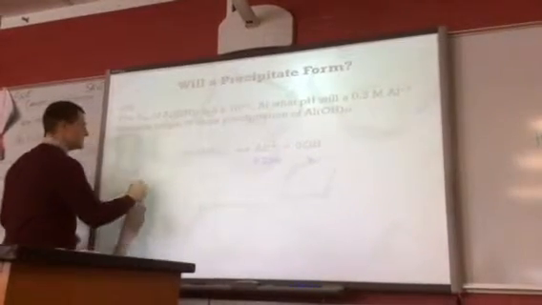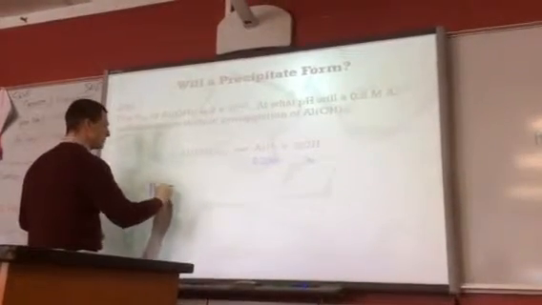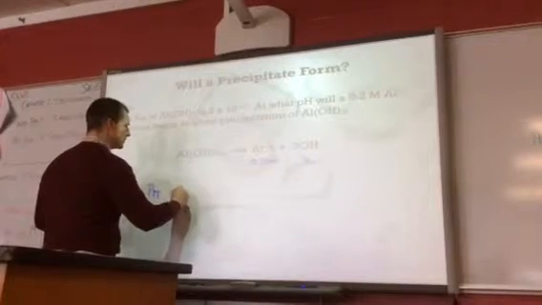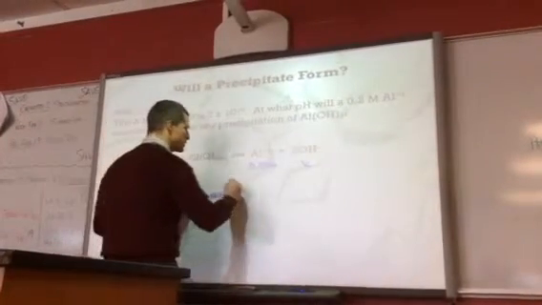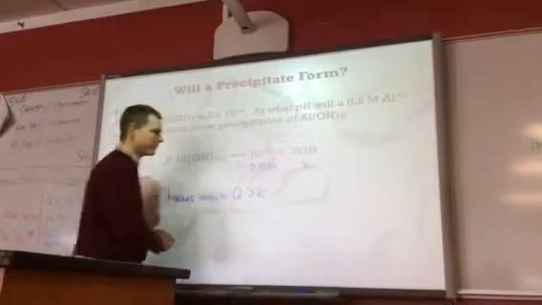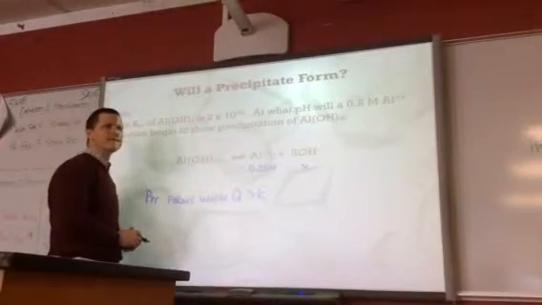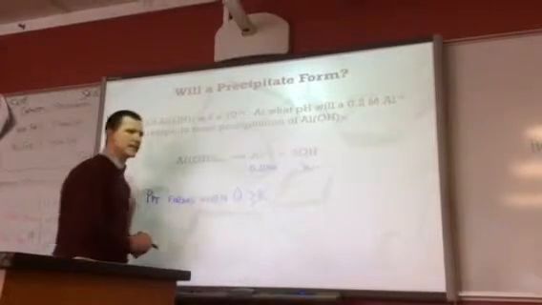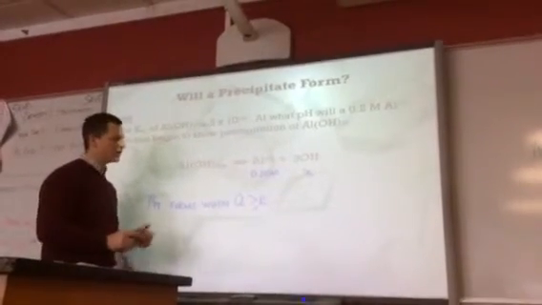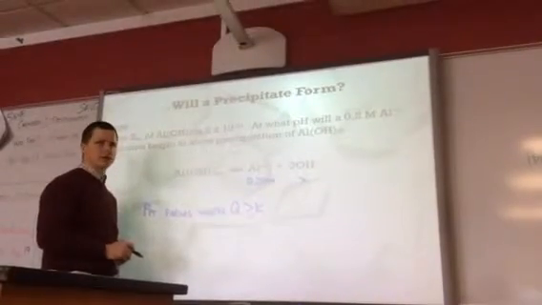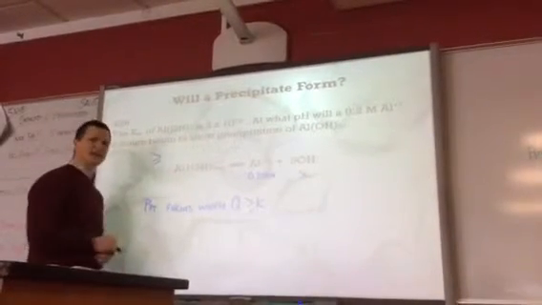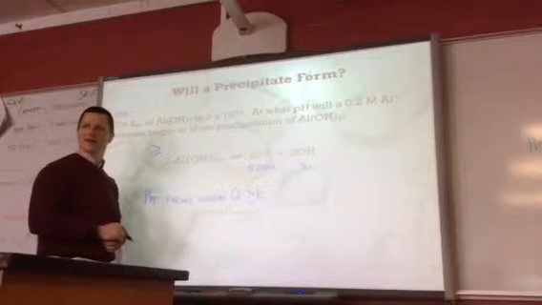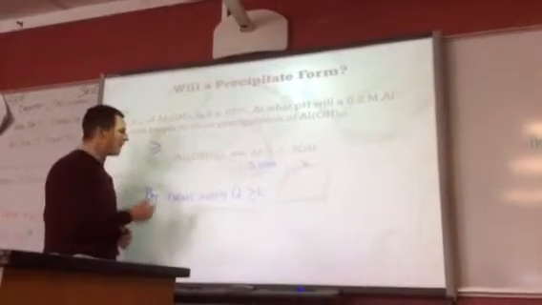Let's say this. Precipitation forms when Q is greater than K. Wouldn't that be greater than or equal to? Because that's when it doesn't start. No, equal signs just straight. I normally do greater than or equal to like that.